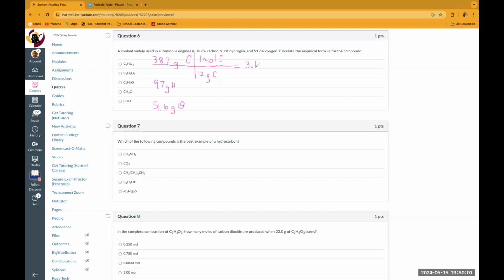No, 3.23. Are you sure? Let's see, 38 divided by... I might have done it wrong. Yeah, 3.22. 3.225, right? Yeah. But you're right, it would be 3 if we're paying attention to sig figs. Okay, moles.